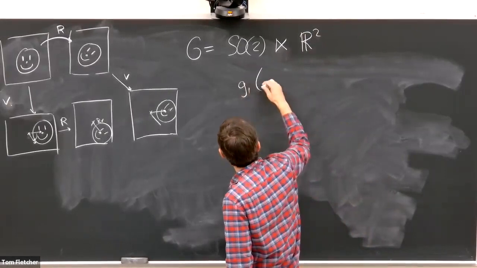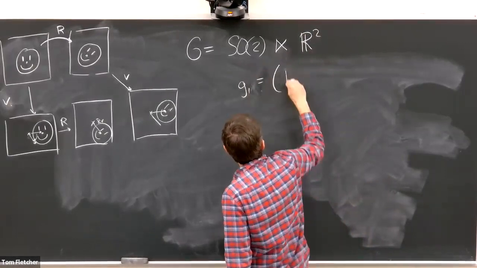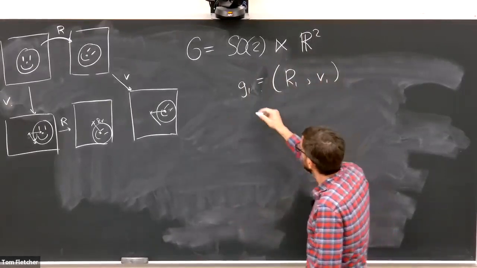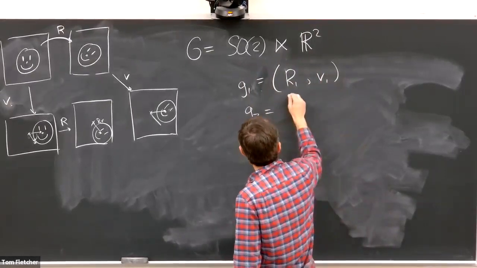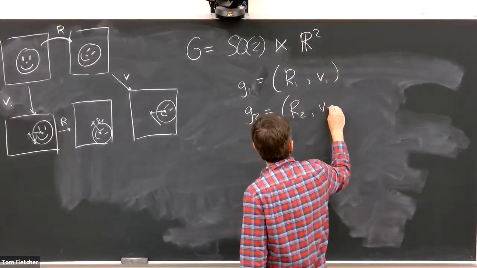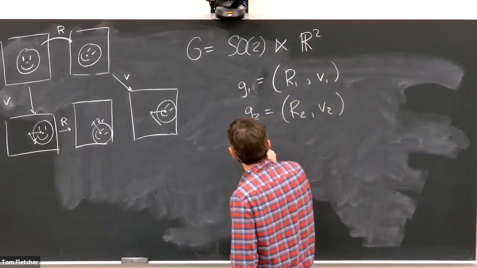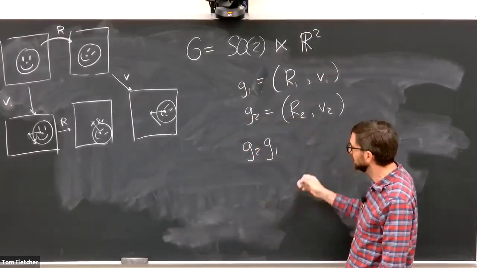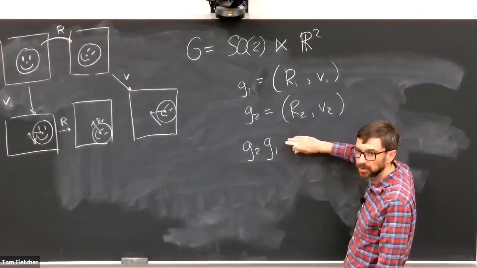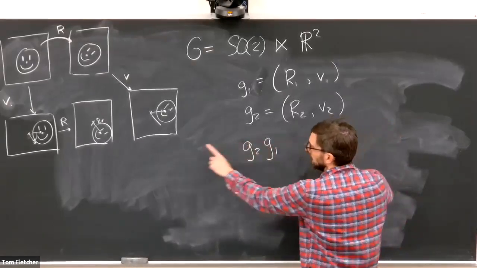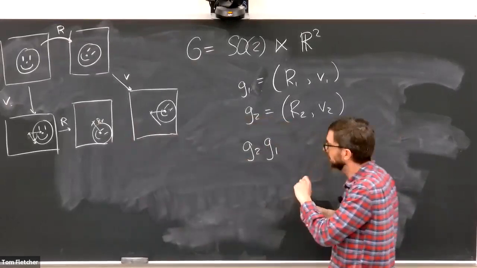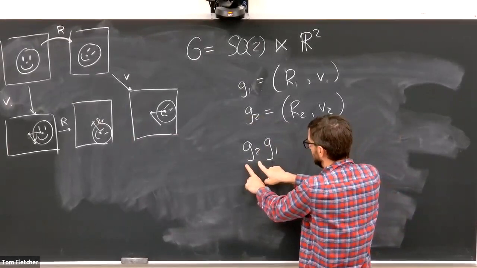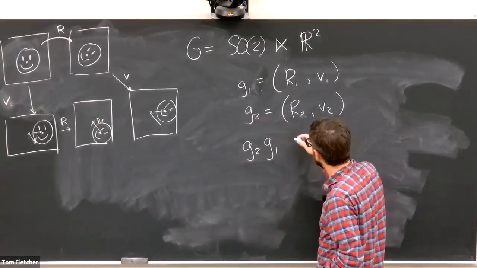If I have g1 equals a rotation and a translation, R1 v1, and g2 is R2 v2, then multiplying g2 times g1, where I think of the transformation as applied on the left of a vector, like Rv has the R to the left of the vector. So I apply the g1 transformation first, and then I apply the g2 transformation second to the image.